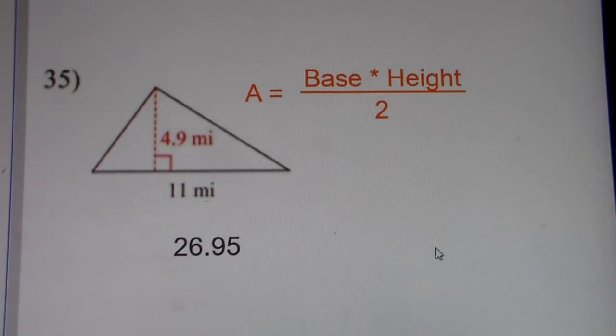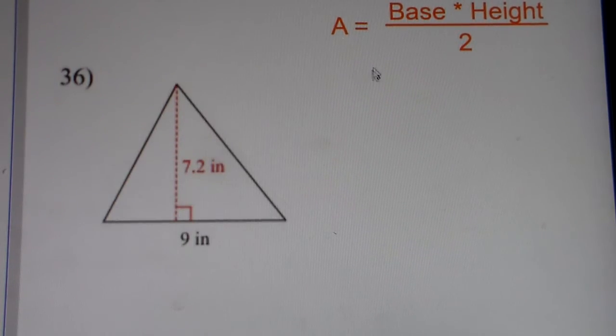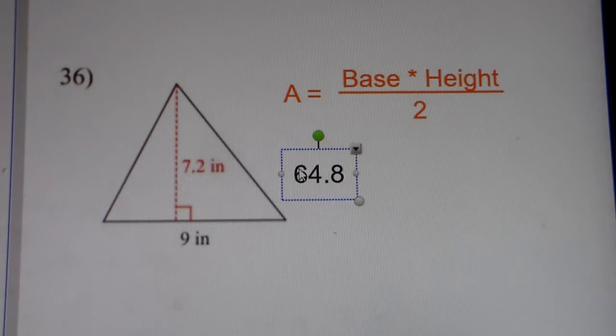That's the area of this triangle. Number 36, to find the area of this triangle, you do 9 times 7.2. So 9 times 7.2 is 64.8. 64.8 is the area of this triangle.